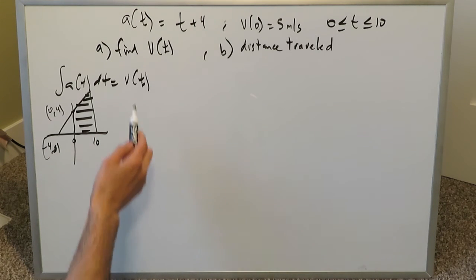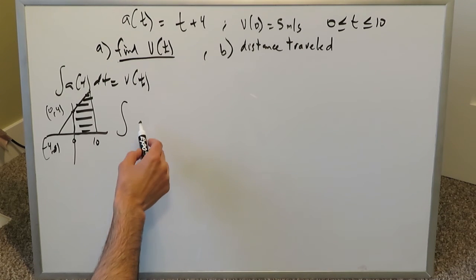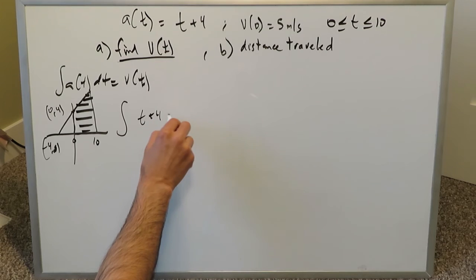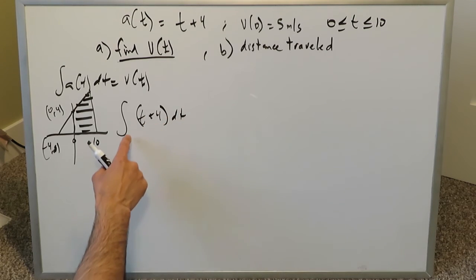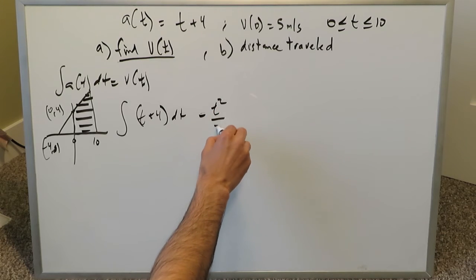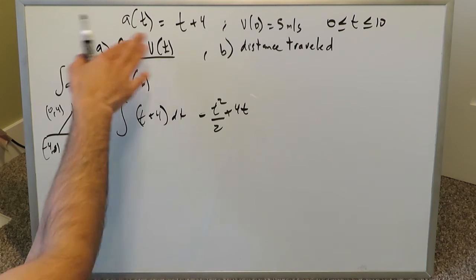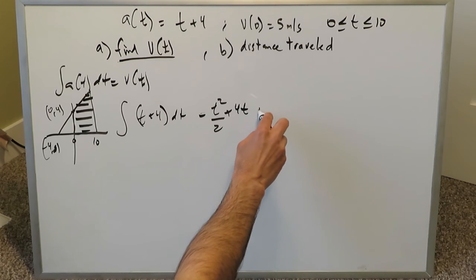Let's integrate this because we have to find the velocity function. If you integrate this acceleration function, we have t plus 4 dt. We can just keep the intervals out for now. We'll end up getting t squared over 2 plus 4t, but then we also know that the initial velocity at time 0 is always 5, which means that from the time that this object was examined in terms of its acceleration study, it had an initial velocity of 5.